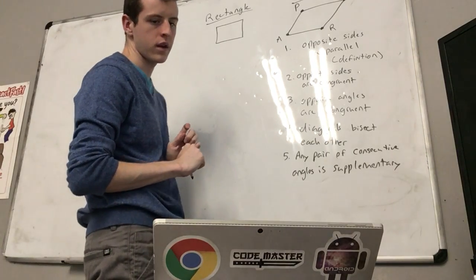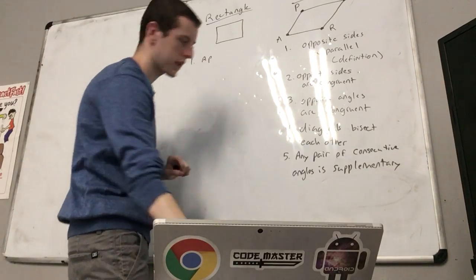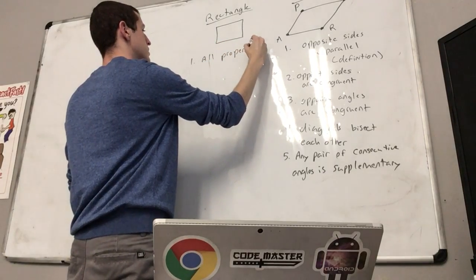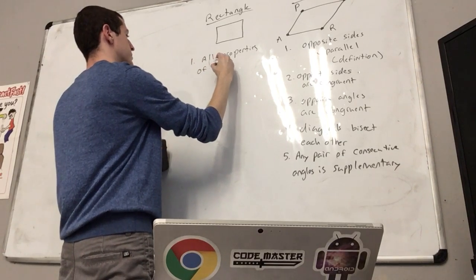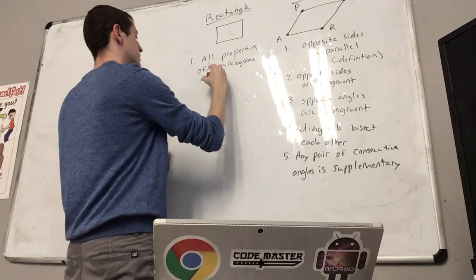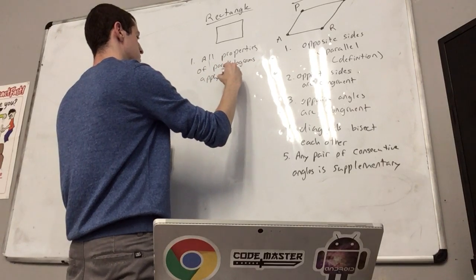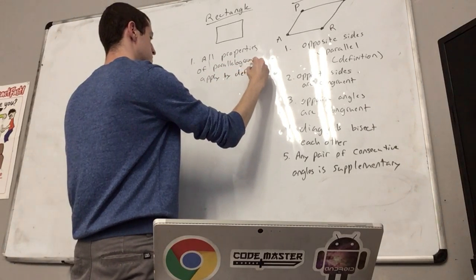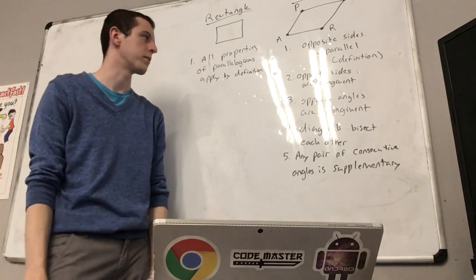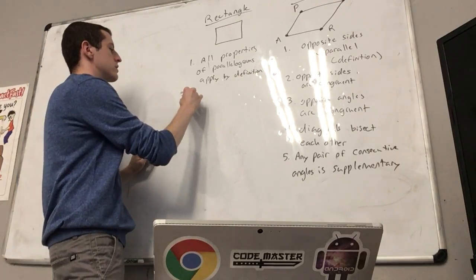So, our number one precursor: all properties of parallelograms apply by definition. So we said that a rectangle is a parallelogram. So, if it is, all these are true by default.